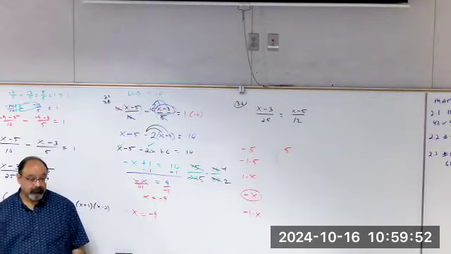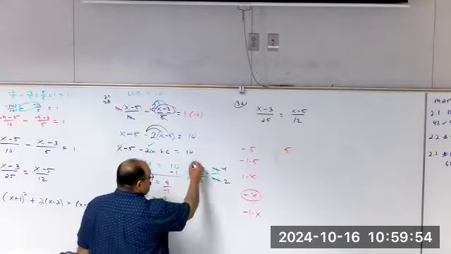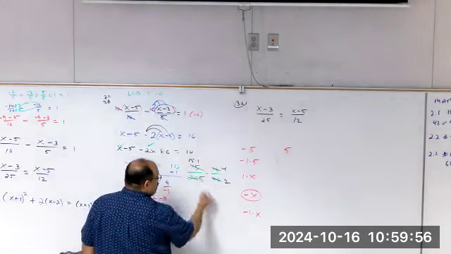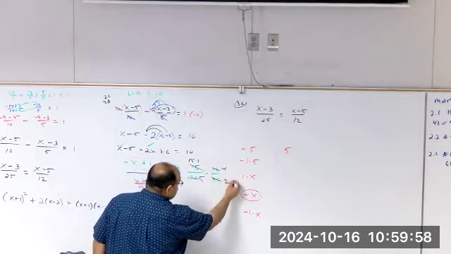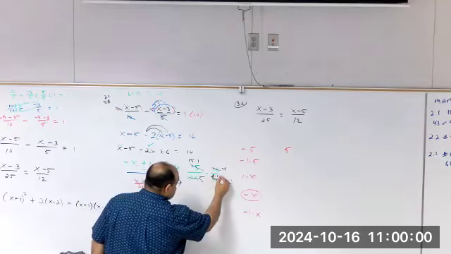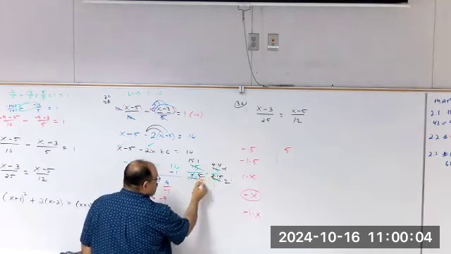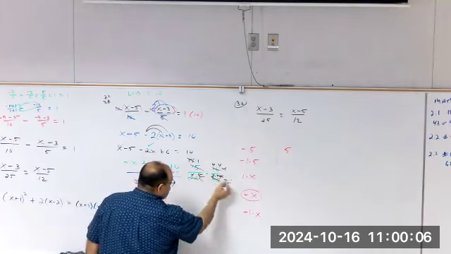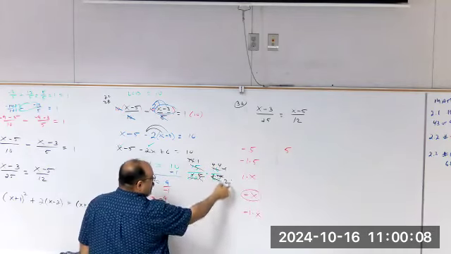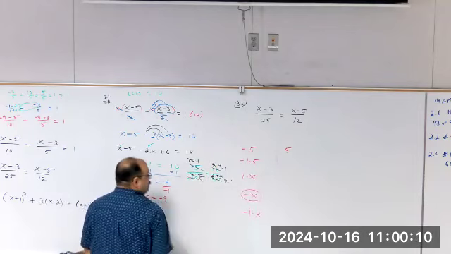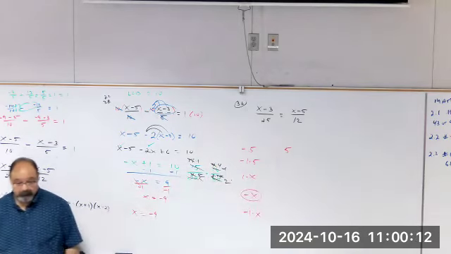I didn't multiply anything, I reduced it. This was 15 times 1. This was 2 times 15. This was 4 times 4. This was 4 times 5. I reduced the 15, leaving the 2. I reduced the 4, leaving the 5. I didn't multiply anything.